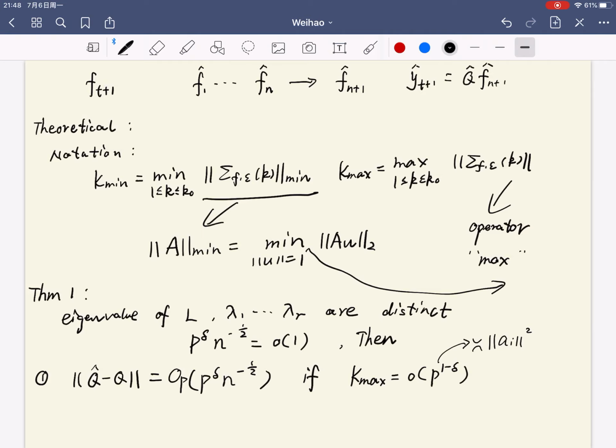This rate of convergence tells us that if the factor is strong, which means delta equals 0, the rate of convergence is independent of dimension p. We call this blessing of dimensionality, which cancels the curse of dimensionality. For delta greater than 0, the stronger the factor, the faster the rate.